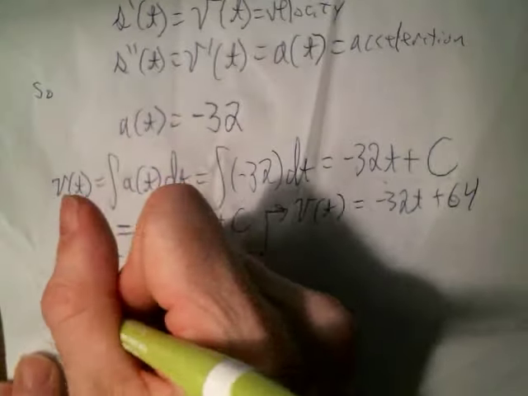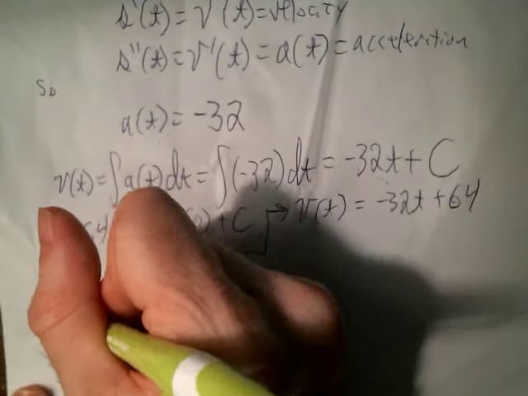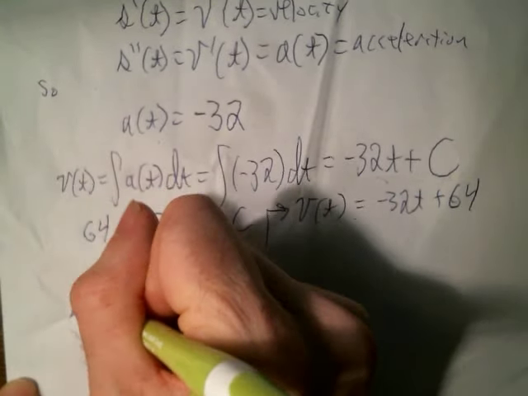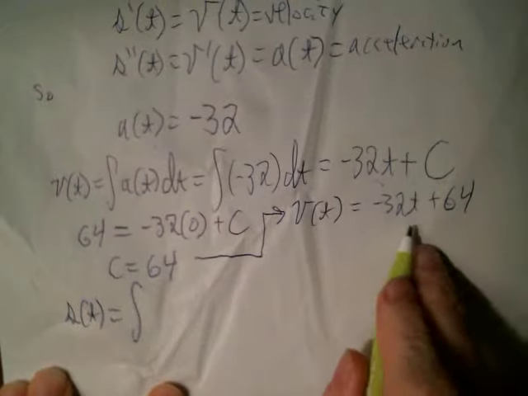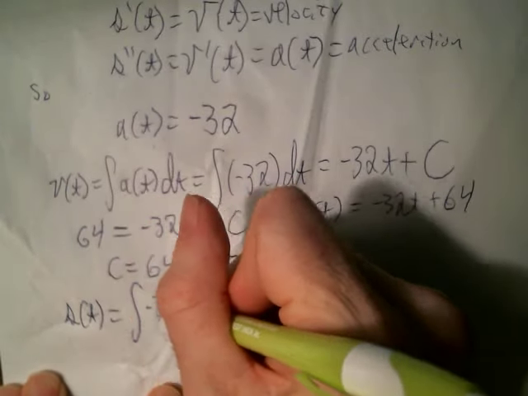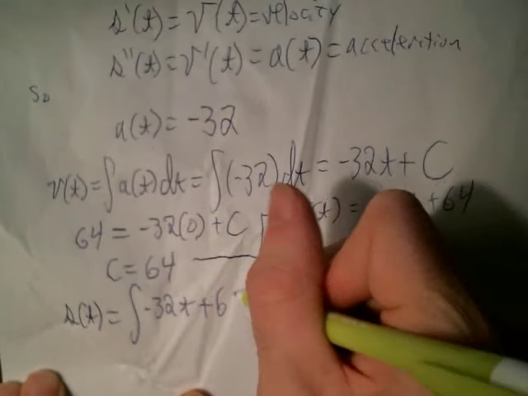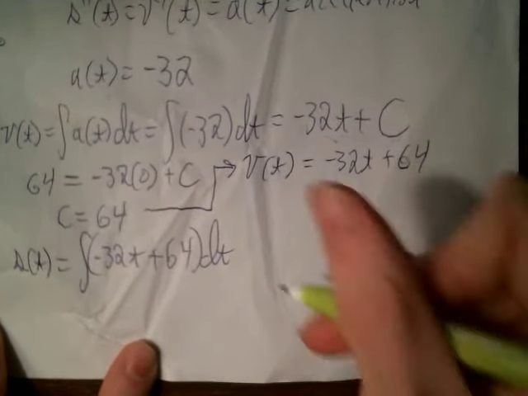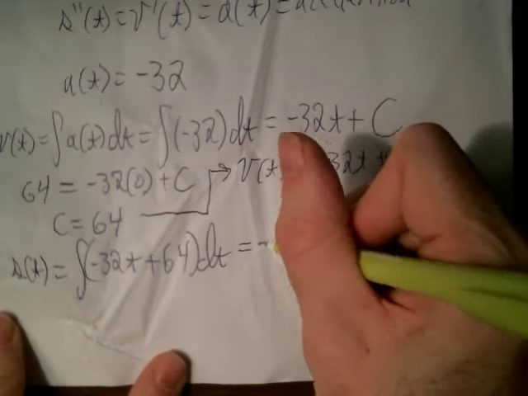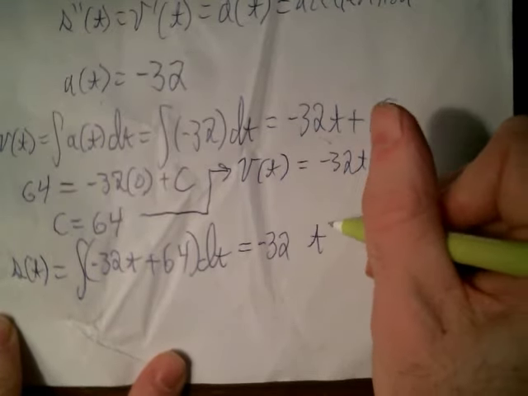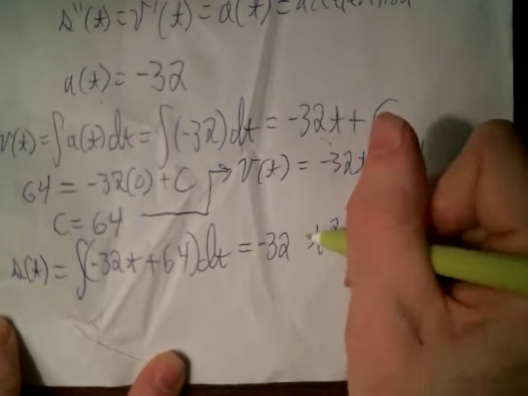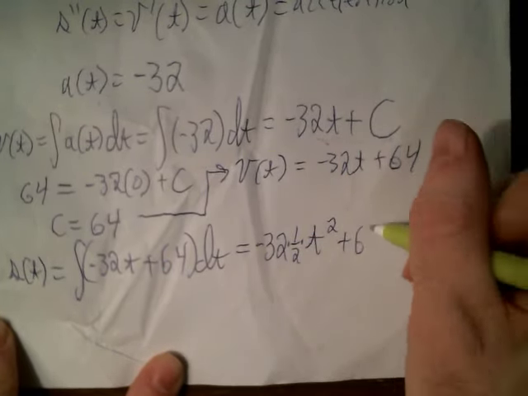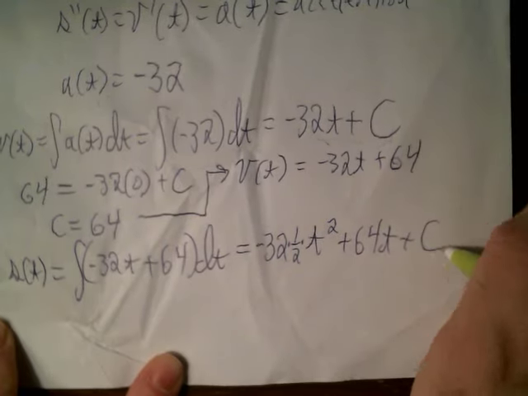Then I want to take another antiderivative, or integrate again, and I'll get to my position function. So s of t will be the integral of negative 32t plus 64 dt. Anti-differentiating, I have negative 32t to the 1 plus 1 is 2, times its reciprocal, and then plus 64t, and then plus another integration constant.